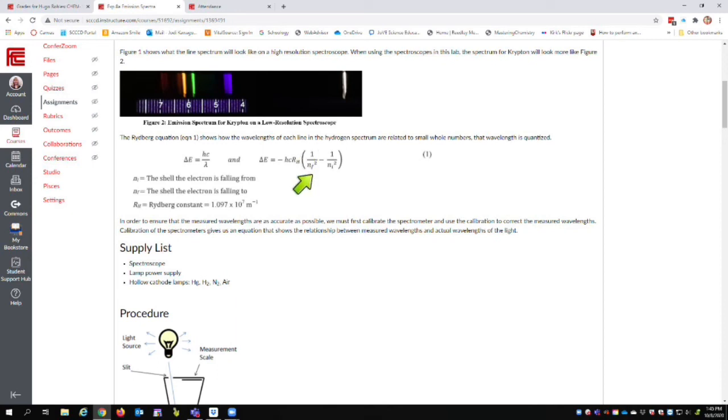If we go from a lower energy to a higher energy, then this is going to be positive and this delta E would be negative, and that would imply that it's absorbing energy instead of releasing energy. But it's releasing energy. The energy released is the photon of light. That makes sense. Thank you.